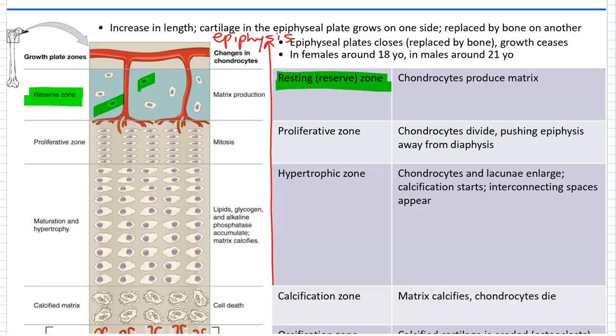So the reserve zone is the outermost. Okay? So as matrix is being produced, look, when these chondrocytes produce matrix, how do you think the thickness of the reserve zone changes? It increases, right? They deposit more matrix, right? So it becomes thicker.